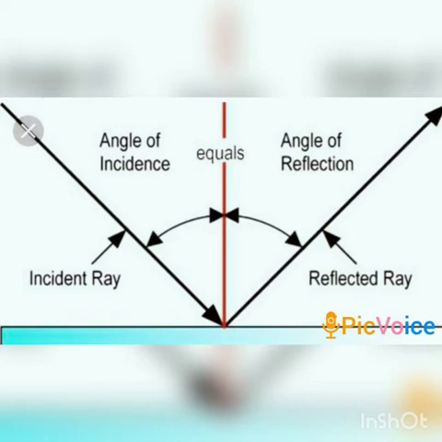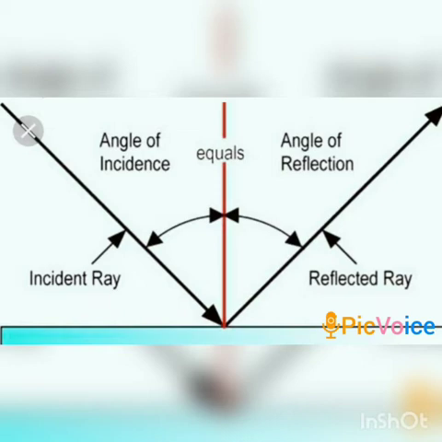The third one is the angle of incidence and the angle of reflection. The angle between the incident ray and the normal at the point of incidence is known as the angle of incidence.